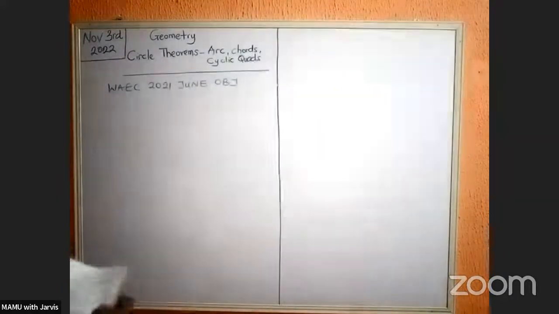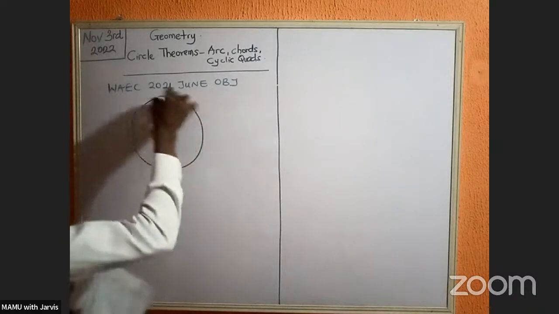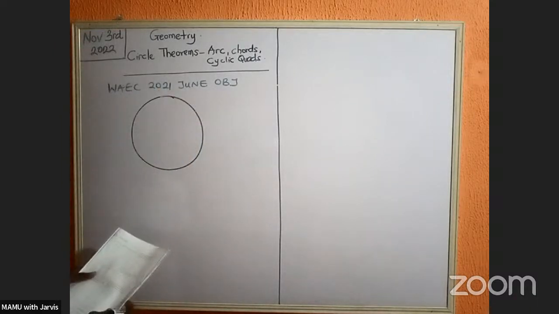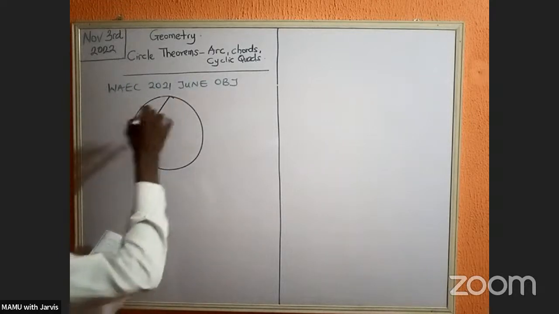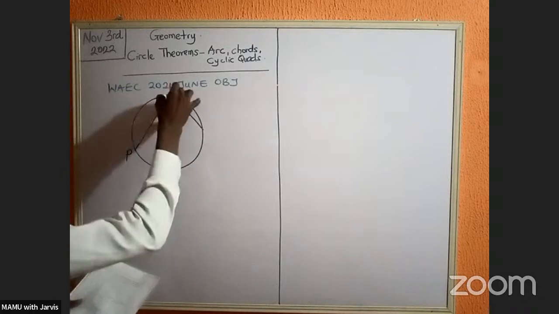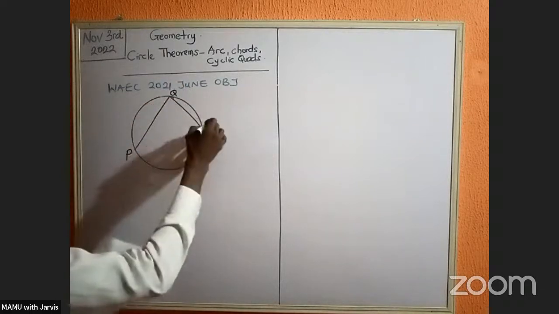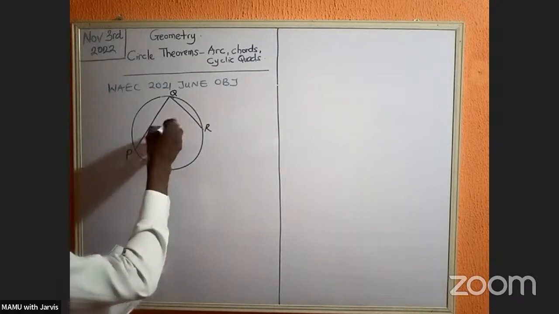All right. So we have a circle, and it looks more like this, something of this nature. This is P, this is Q, this is R, and we have a center here.